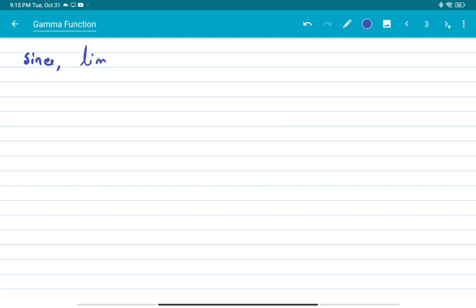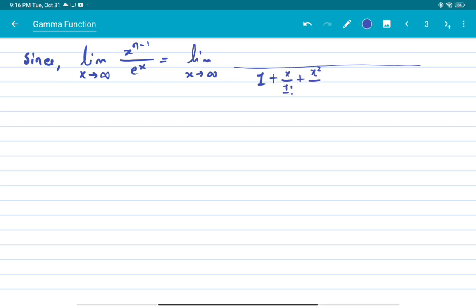The limit as x approaches infinity of x to the power n minus 1 by e to the power x is the limit as x tends to infinity, and in the denominator I am expanding e to the power x, so x by 1 factorial and x square by 2 factorial, and that's up to infinity, and this is x to the power n minus 1, which is 0.